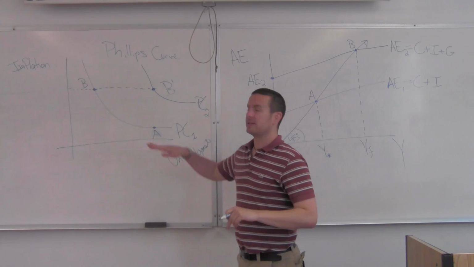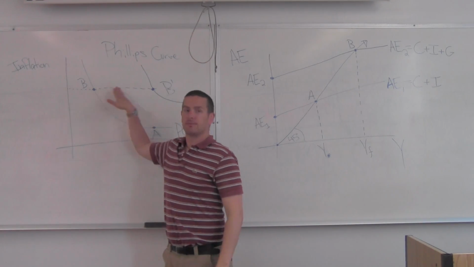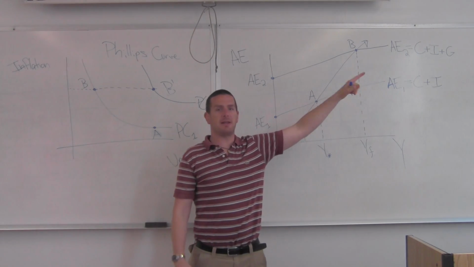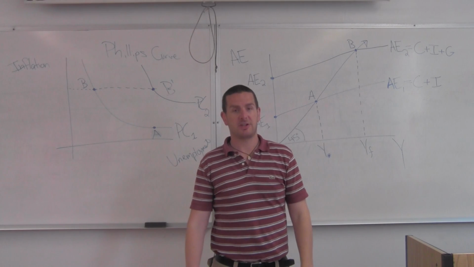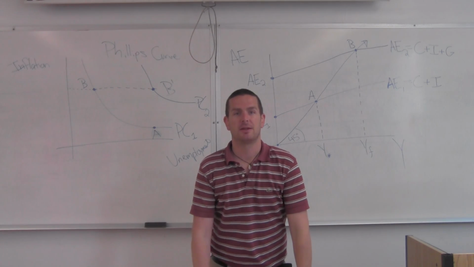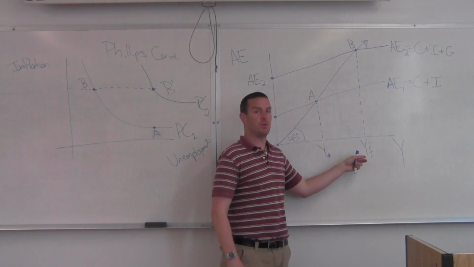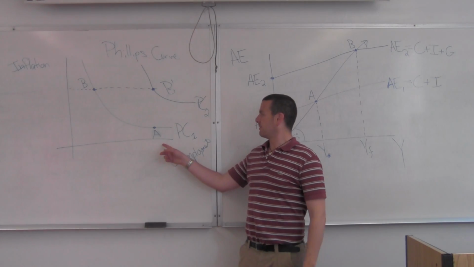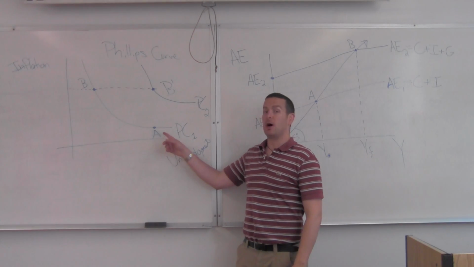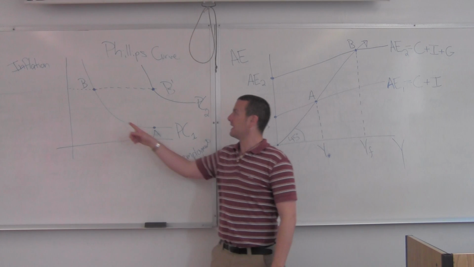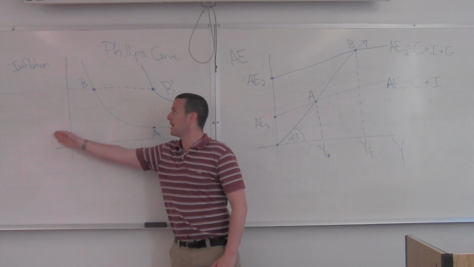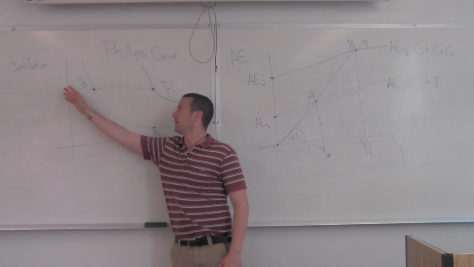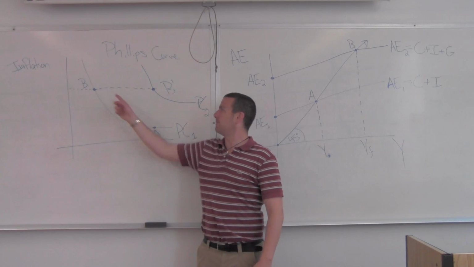Remember, prices are the same, right? Increased government spending pushes up prices, at least that's what we think. Increased government spending pushed up prices, although we did get to full employment. Increased government spending lowered unemployment, right? It took us from A to B, so we lowered unemployment, but we pushed up prices, which caused us to go from A to B.